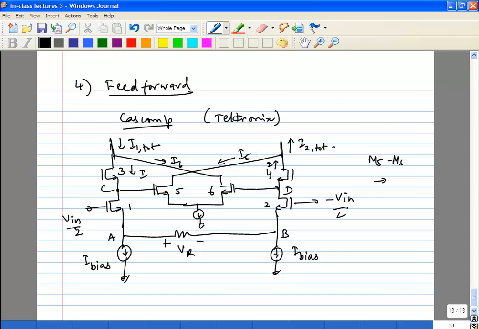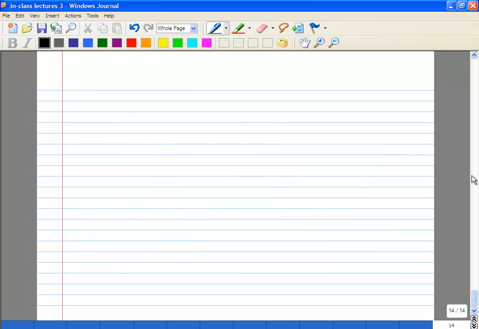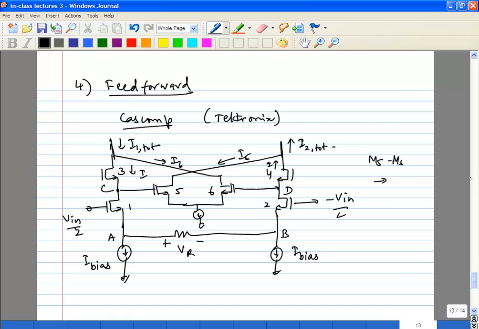Okay, so the next thing to do is you're going to calculate VR, okay, which is VAB. VA is Vin by 2 minus VGS1, and VB is minus Vin by 2 minus VGS2.